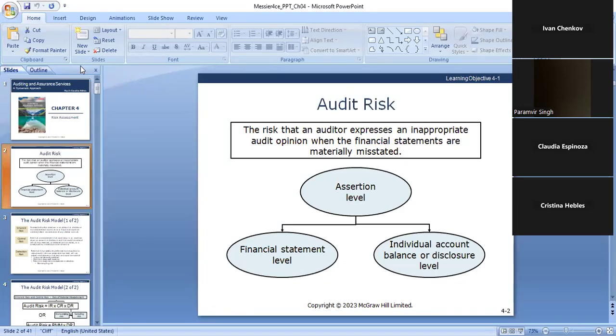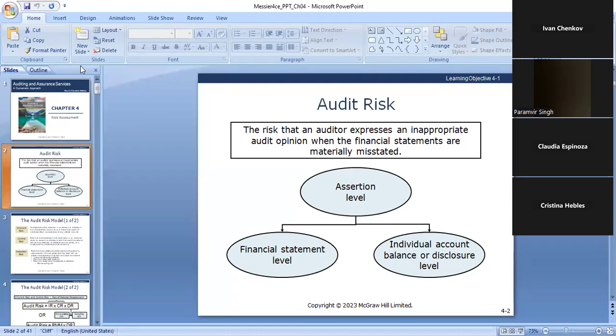Now we're going to have the assertion level, which is related to the financial statement level. Once we assess the financial statement level, then we're going to go to the individual accounts, balances, and disclosures. If we have to, we go to the transactions, events, and disclosures.